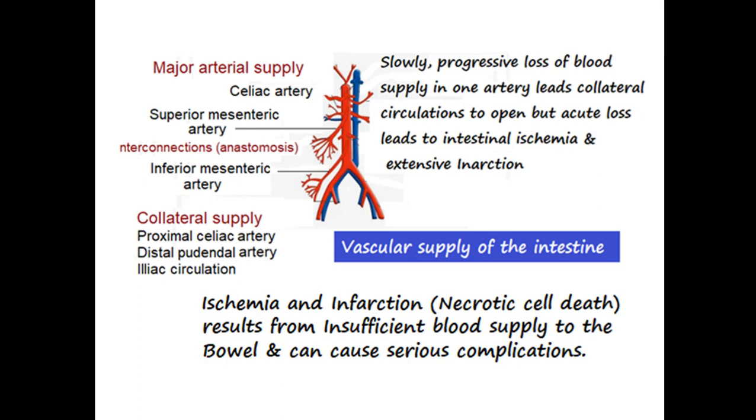And these interconnections and this dual blood supply make it possible for the bowel, small intestine, and the colon to tolerate the slowly progressive loss of blood supply from one artery. Because when the blood supply from one artery is decreased or reduced, the collateral circulation supplies the blood and protects the intestine from ischemic cell death.